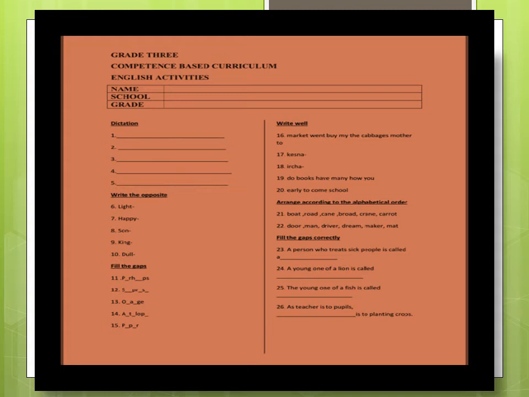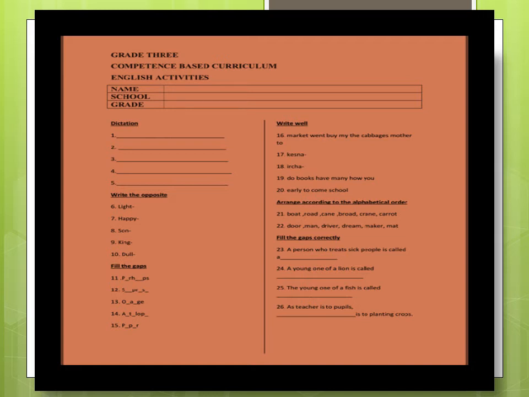To arrange those words, the first one will be door, dream, driver, maker, man and then mat. So I said we have door, dream, driver, maker, man, mat.